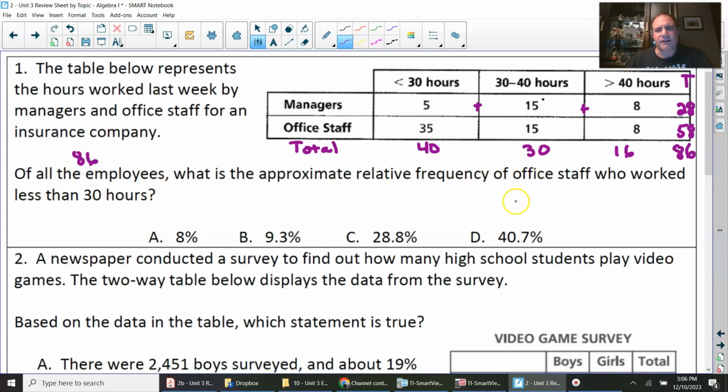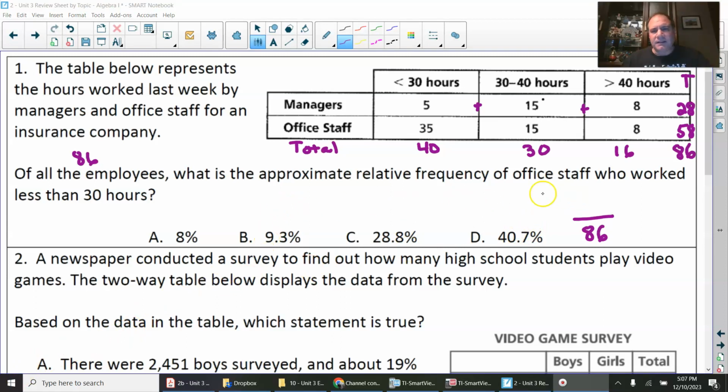What is the approximate relative frequency of those who worked less than 30 hours? So all the employees, 86, less than 30 hours. It is 40 over 86. Oops, I put the wrong thing. It says office staff who worked less than 30 hours. Office staff only, that is 35.